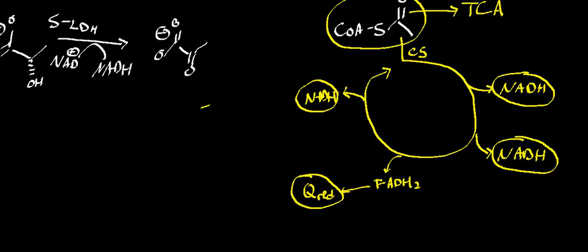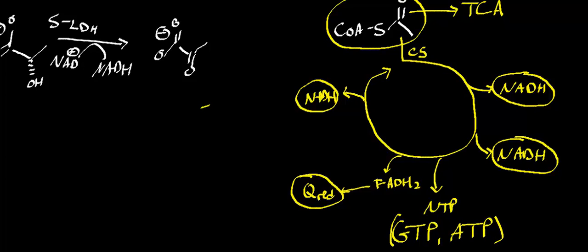And if you really think about this, we also got a nucleoside triphosphate from succinyl-CoA synthetase. So I forgot about that as well. That's going to be either where the nitrogenous base is guanine or adenine, which gives us either a GTP or an ATP. But overall, the function is going to be similar because these two can interconvert through nucleoside diphosphate kinase, which is another equilibrium enzyme.